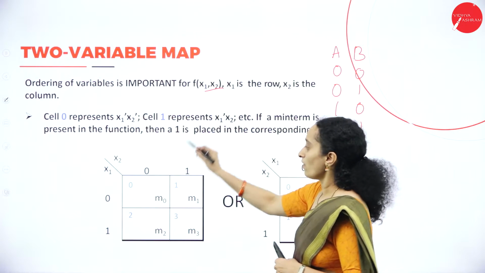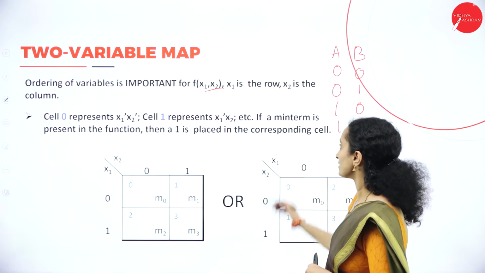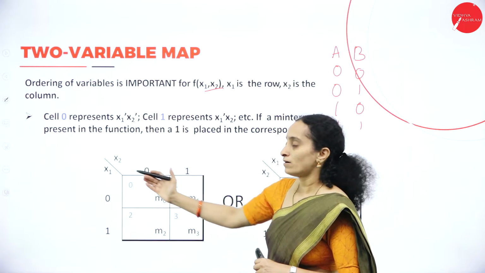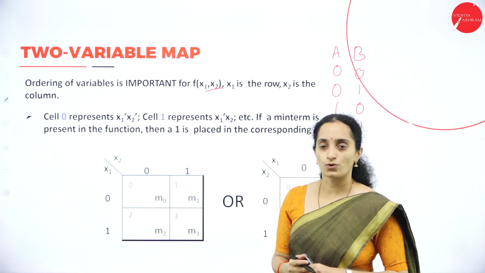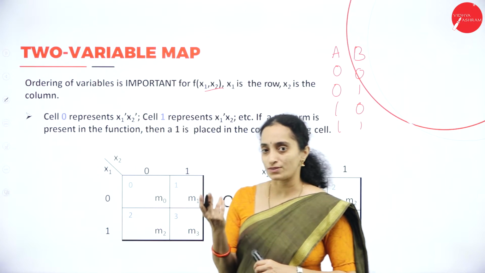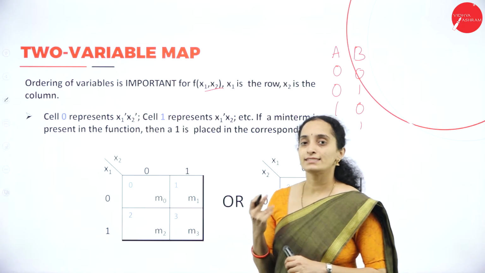Okay. Here the ordering of the values is important. Whether you take x1 in column or x1 in row, x2 in column or x2 in row, based on that, the value in the cell changes.